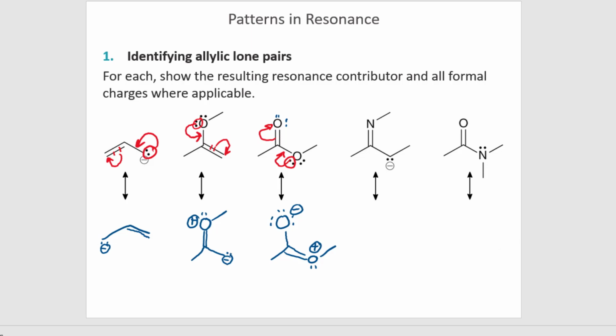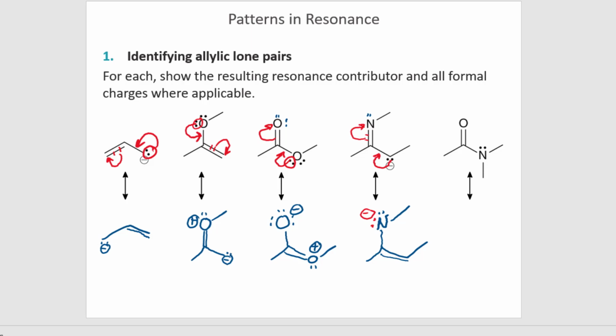Take the lone pair, dump it in, break the pi bond, push it up to the nitrogen. New pi bond there. Now the nitrogen did have a lone pair, which is still there, but we dumped the extra lone pair in. That nitrogen now has a negative charge, right? Overall negative ends overall negative.